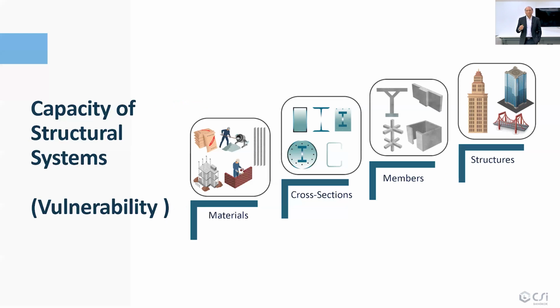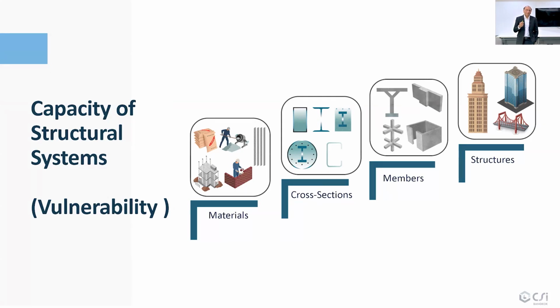Vulnerability, capacity, and everything about a structure is in a hierarchical system where it starts from materials. So we can see the importance of the material response, to the cross-section response, to the member response, and finally to the structure response. And any steps that we take along this ladder will affect the steps above them.